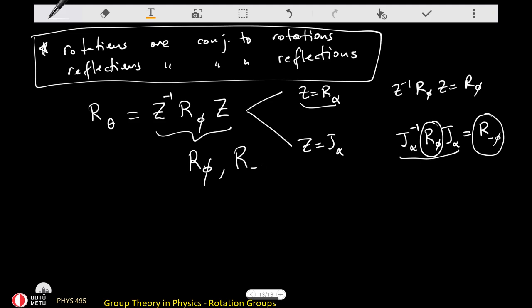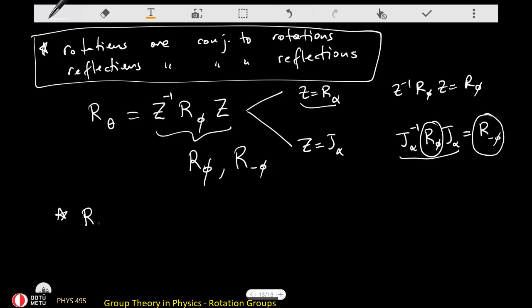So as a result, if R theta is conjugate to R phi, then the angles are either equal or just opposite. Let's say it like this, I'm sorry about that, I'm going to use the double implication.